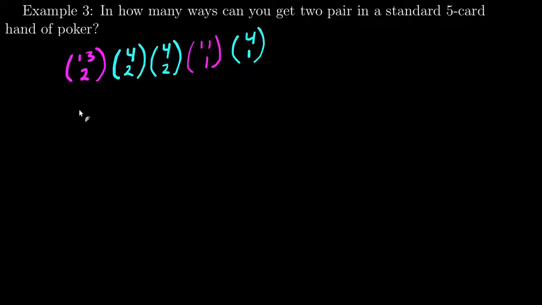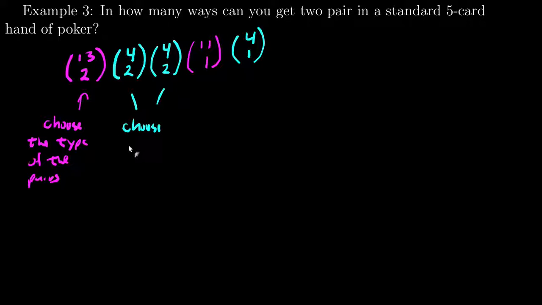So let me list this through. This here is to choose the type of the pairs. These are to choose the specific paired cards, making sure you get 2 of that card and 2 of that card.